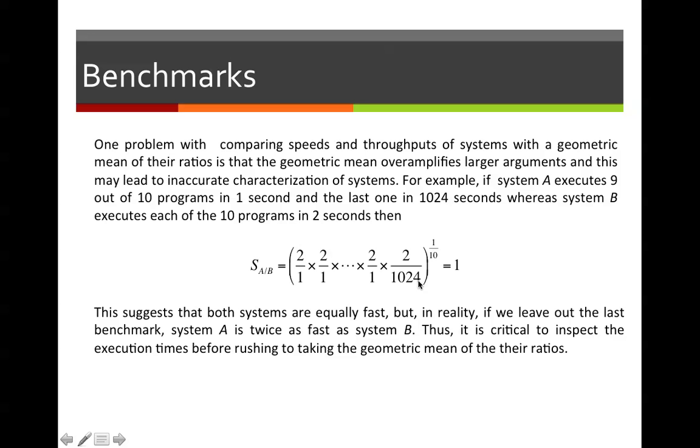But that's not really fair because, in this example, 9 out of 10 times the first system, the test machine, is twice as fast as the reference machine, but in the last category it's 2 over 1,024 times as fast, which means that much slower. And now all of a sudden you have a formula that says the speedup is equal to 1. So it's not well balanced when you have situations like this.